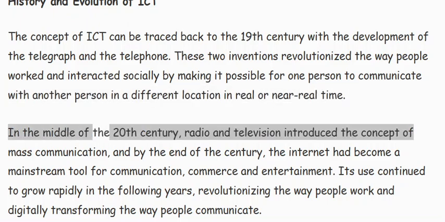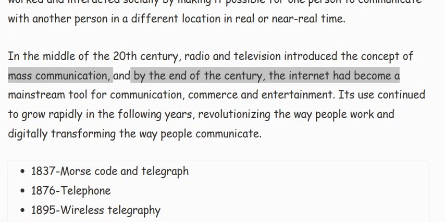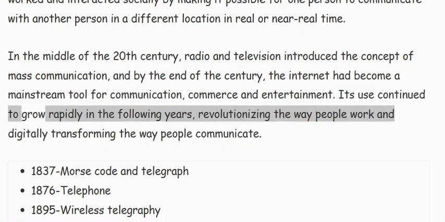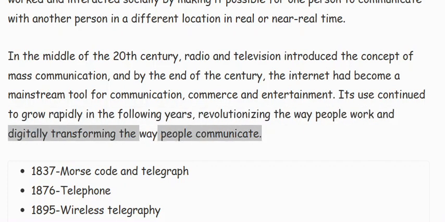In the middle of the 20th century, radio and television introduced the concept of mass communication, and by the end of the century, the Internet had become a mainstream tool for communication, commerce and entertainment. Its use continued to grow rapidly in the following years, revolutionizing the way people work and digitally transforming the way people communicate.